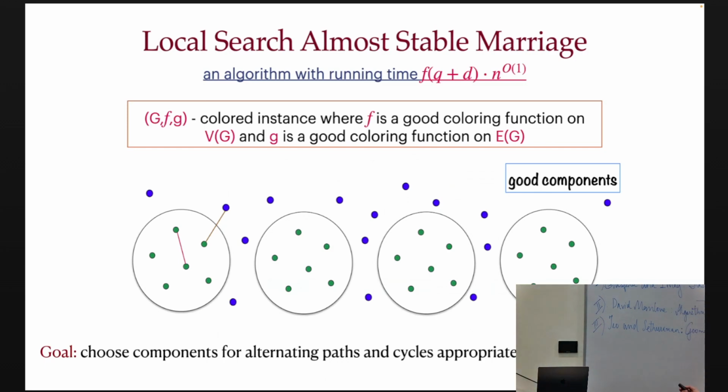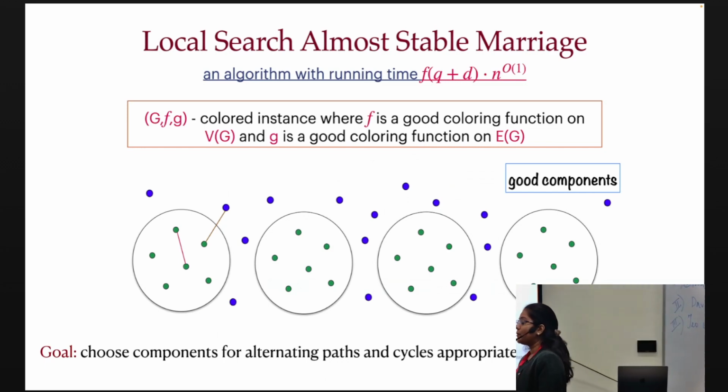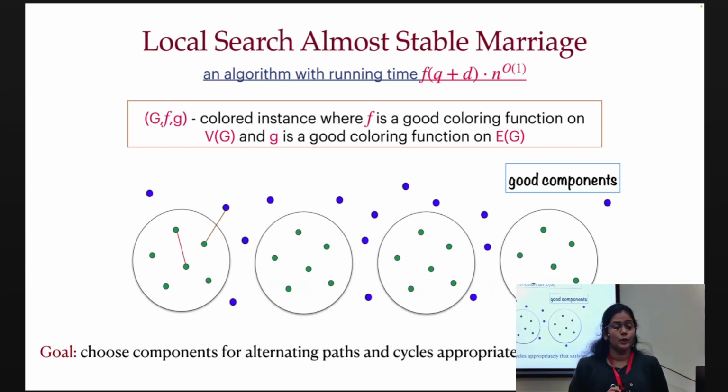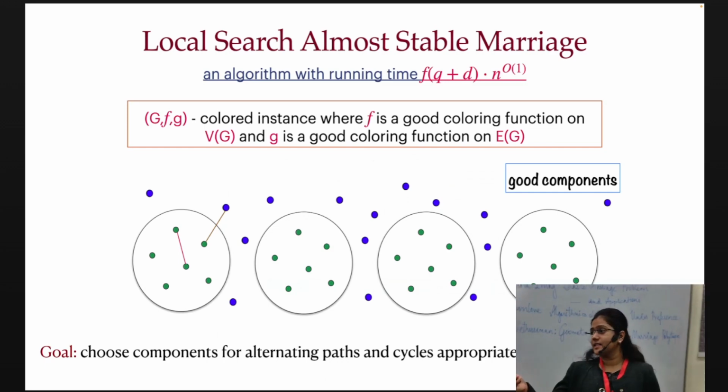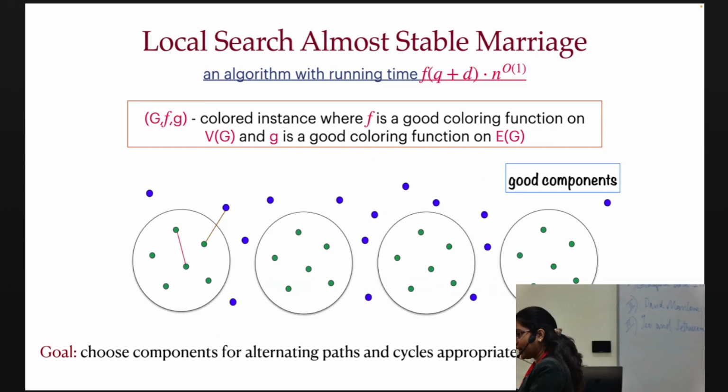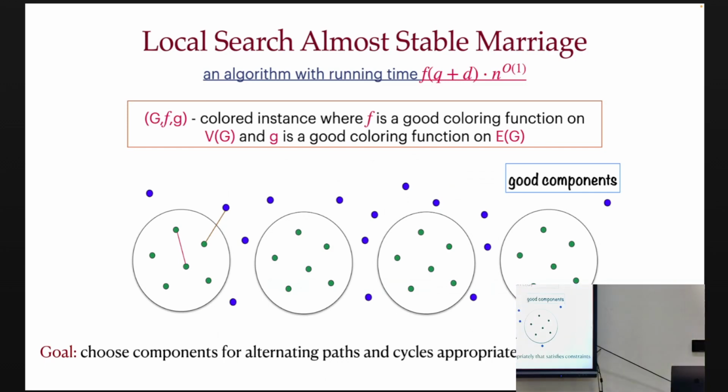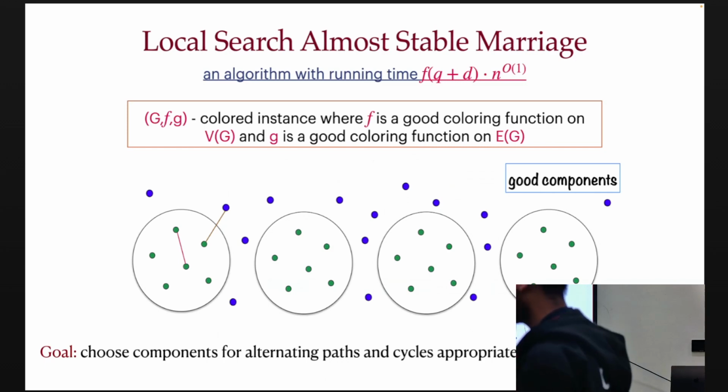But can this edge contribute to my blocking edge? What is the property of that blue vertex? Why?